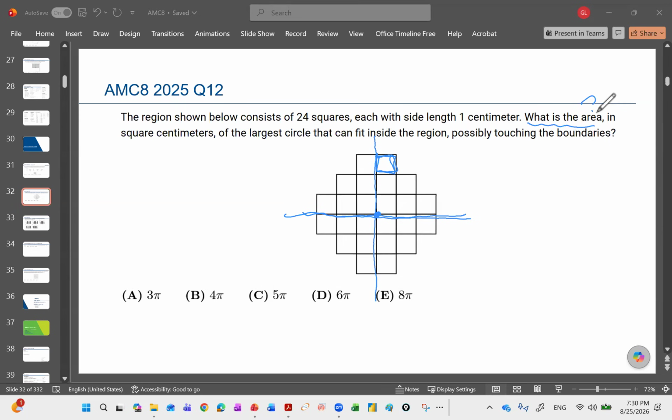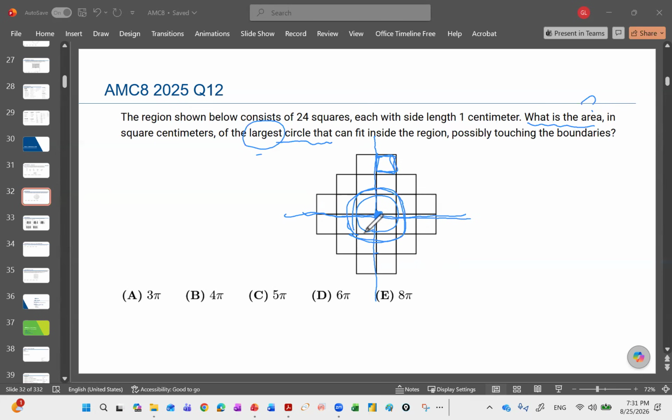Of the largest circle. You can draw a lot of circles. You can use this center and draw this circle, touching here.